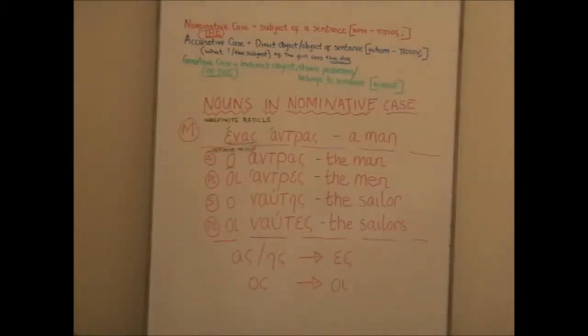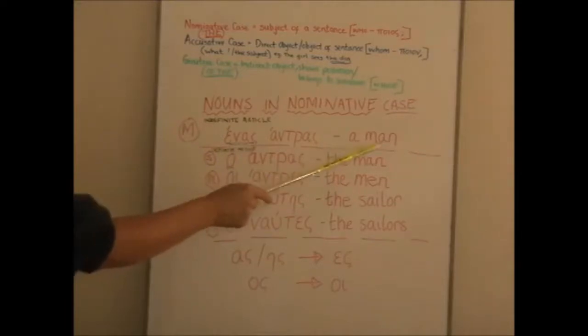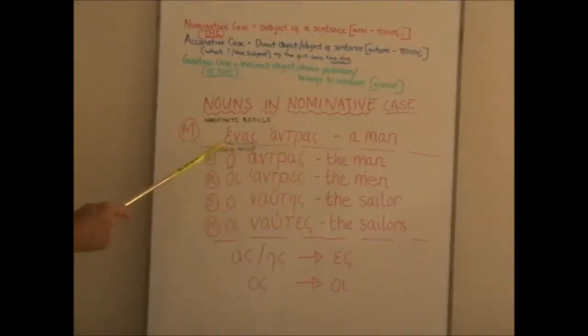So we're going to start first of all reminding ourselves about the indefinite article, which is for masculine nominative. If we're saying a man, we say enas andras. So this is like saying a in masculine nominative.